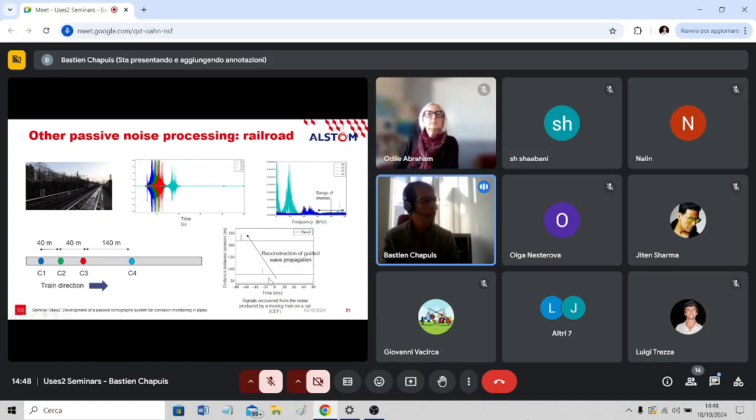It's really the wave that propagates here at 40 meters, between C1 and C2 or C2 and C3, I don't remember. You can see that we can very well capture the wave that is propagating between these 2 signals without emission of waves, just by processing the noise.